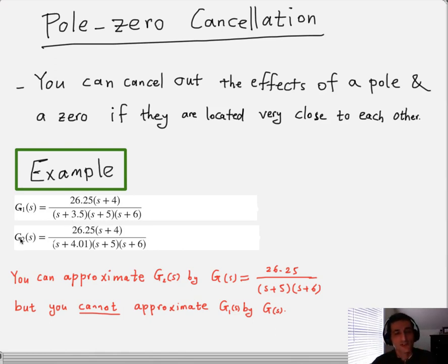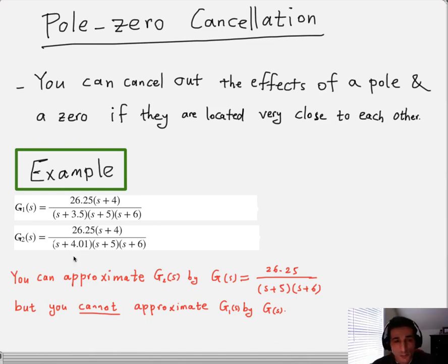Another system, G2, has the same zero and the same two poles shared with G1, and you also have an extra pole at -4.01. You can show that graphically, or just plot it in MATLAB to see how close the responses look.